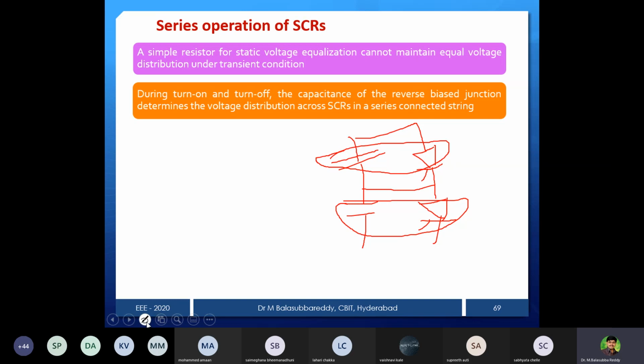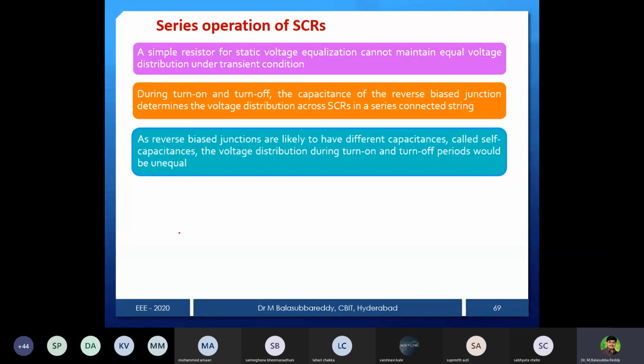That capacitance we have to derive. For that reason, the reverse bias junctions have different capacitances, called self capacitances, so the voltage distribution during the on and off periods will be unequal. That is the problem. The self capacitance of each SCR is not the same, so you connect one external capacitor in parallel with the SCR, so that the equivalent capacitance of each SCR branch is the same.